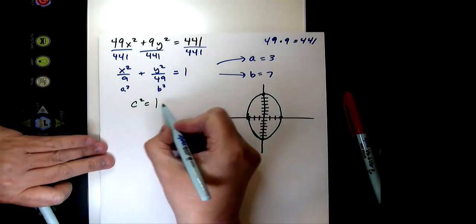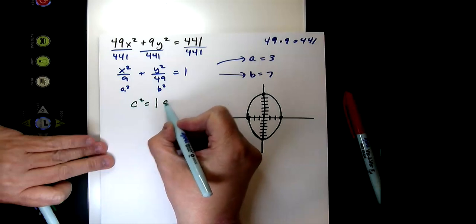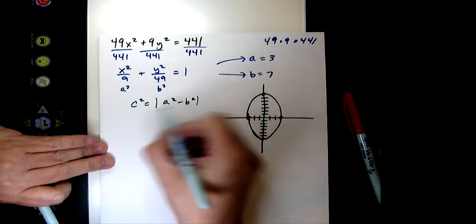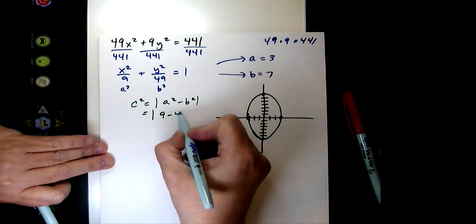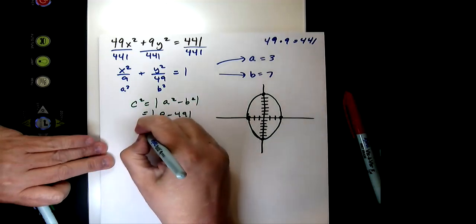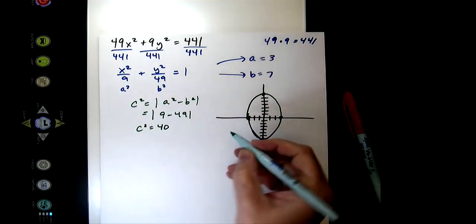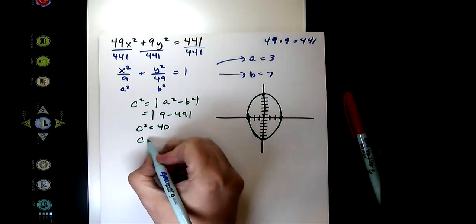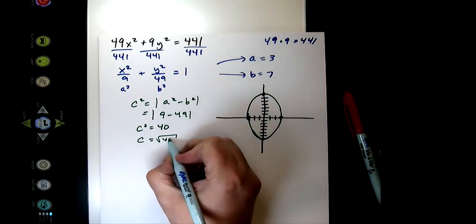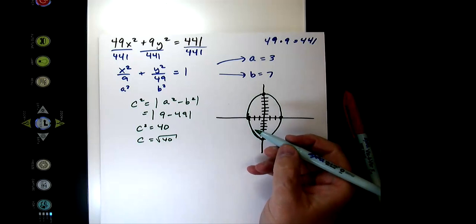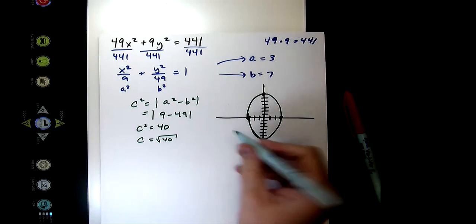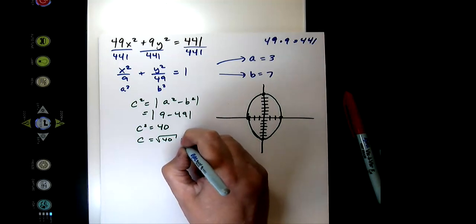c squared is the absolute value of a squared minus b squared, which is the absolute value of 9 minus 49. c squared equals 40. Which means c is the square root of 40. 36 would be 6, 49 would be 7. This is closer to 6 than 7.